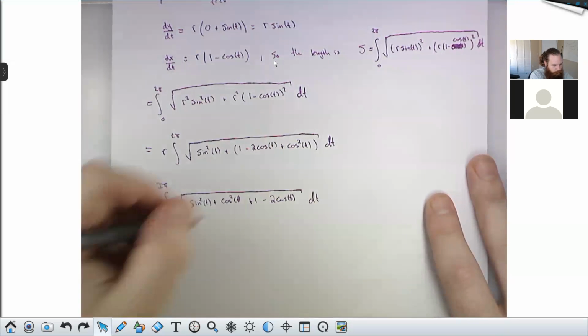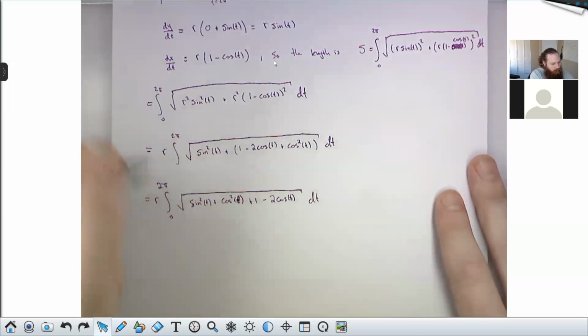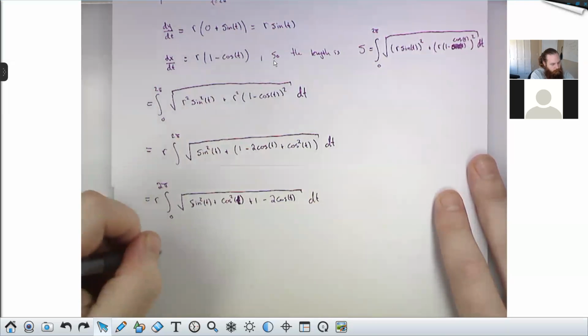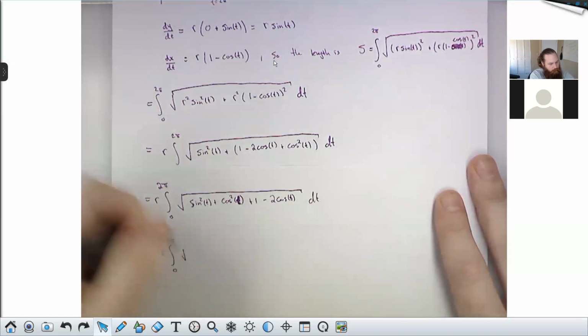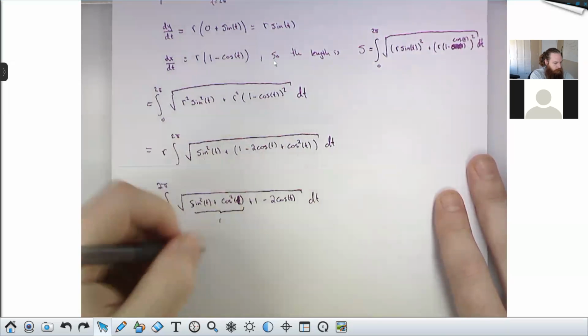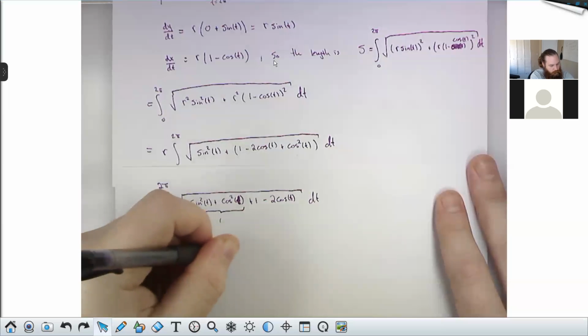And sine squared t plus cos squared t, that's 1. So I get r times integral 0 to 2 pi square root of 1 plus 1, that's 2, minus 2 cos t.